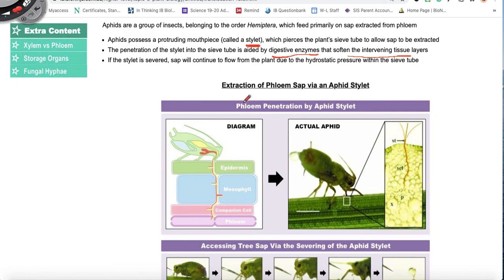So what scientists do, and this sounds a little bit barbaric, is once the aphid penetrates all the way to the phloem, they sever the stylet. So they break the aphid stylet. And then the sap is going to continue to flow from the plant all the way out due to the hydrostatic pressure within the seed tube.